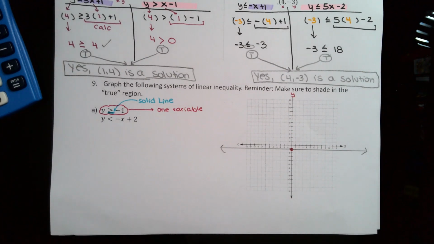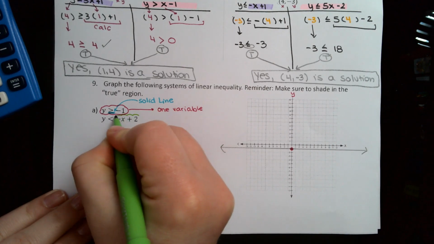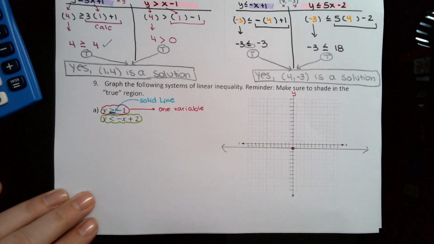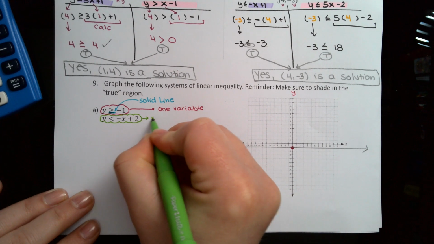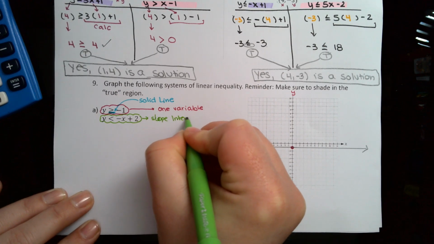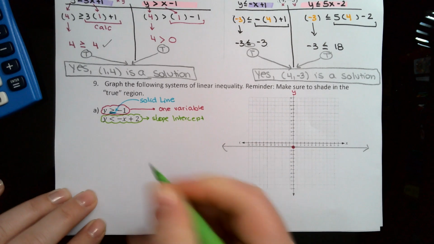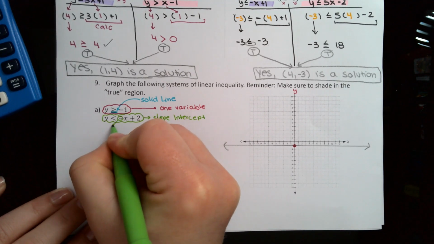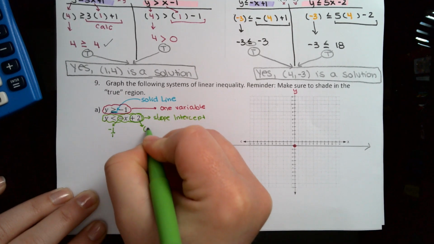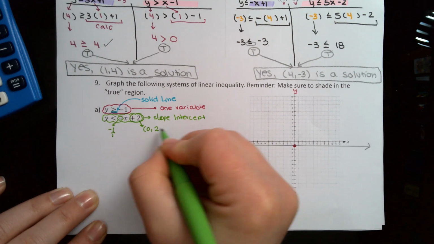Next, we have our other line, which is the 2 variable. Okay, this is your slope intercept. So that means I have my slope as negative 1 over 1, and I have my starting y-intercept as 0, 2, positive 2.